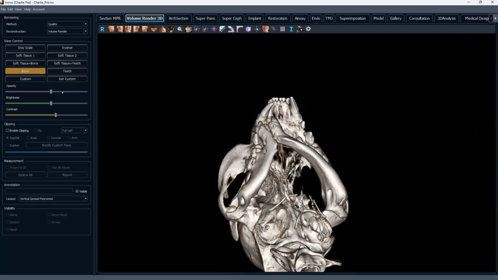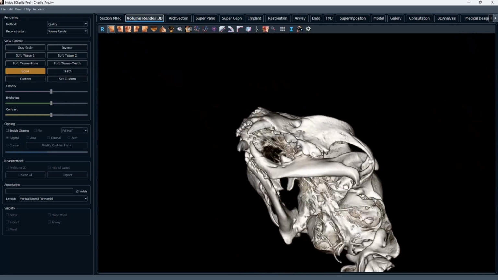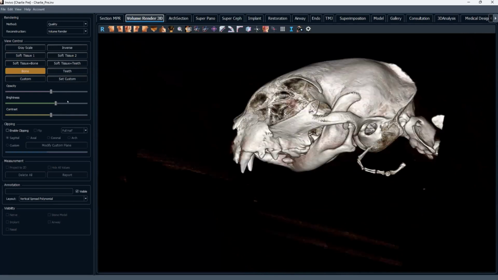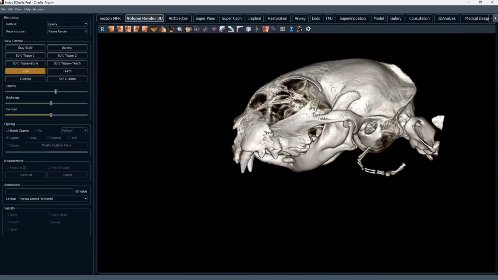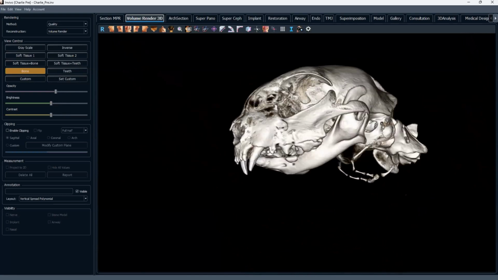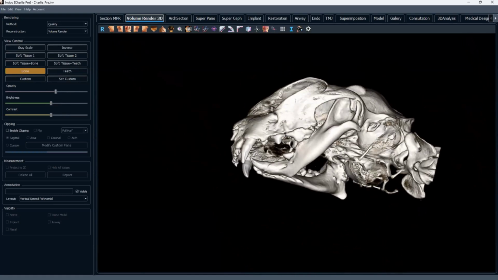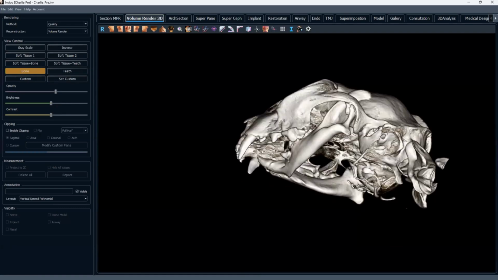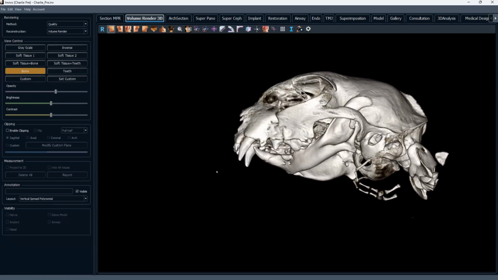That's one of the things you have to be really careful about when you're using a three-dimensional render: you can change the rendering quite a bit and make it look like there's more or less bone, and that can affect your perception of periodontal disease and all sorts of bony lesions. So you want to be very careful.